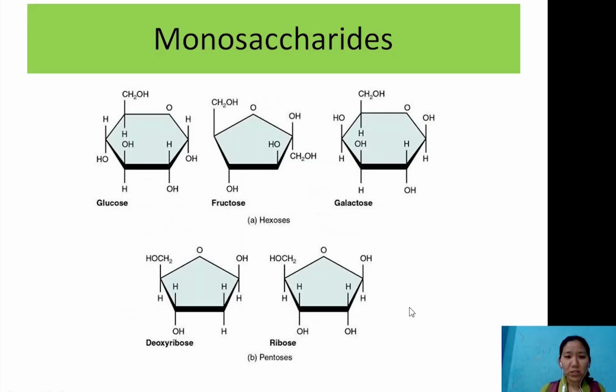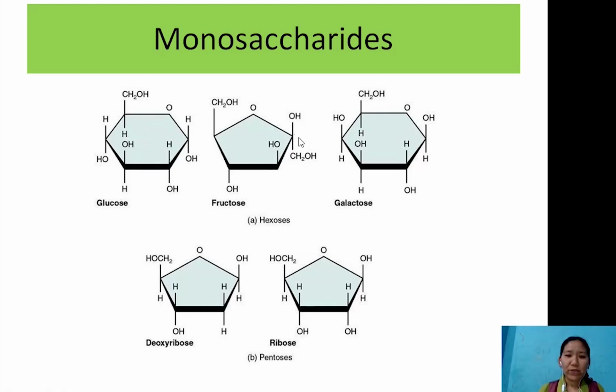Let us look at other ring structures of monosaccharides. This is glucose. Glucose is a hexose having 6 carbon atoms. So here 1, 2, 3, 4, 5, 6. Glucose.